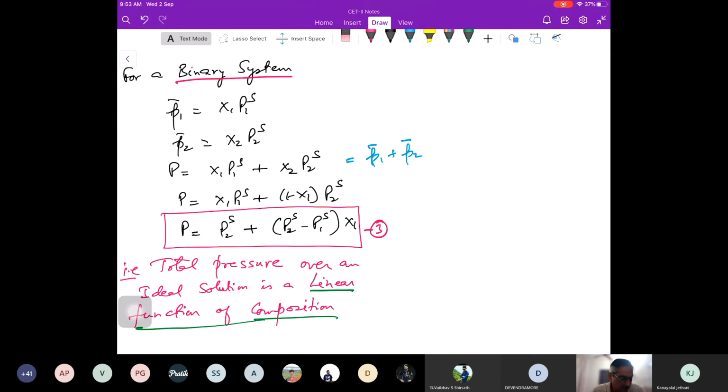So this says total pressure over an ideal solution is a linear function of composition. If I plot pressure versus x1, what kind of curve will I get? What will we get?